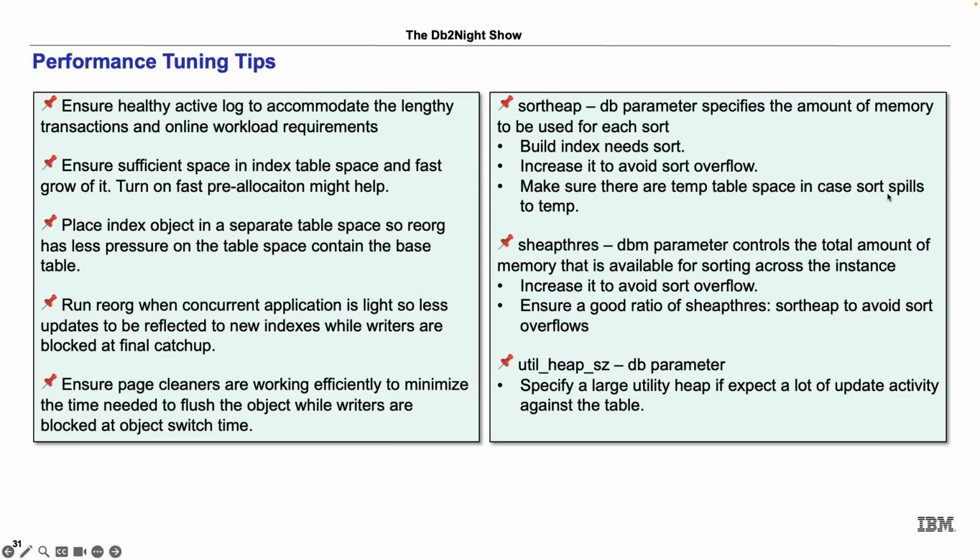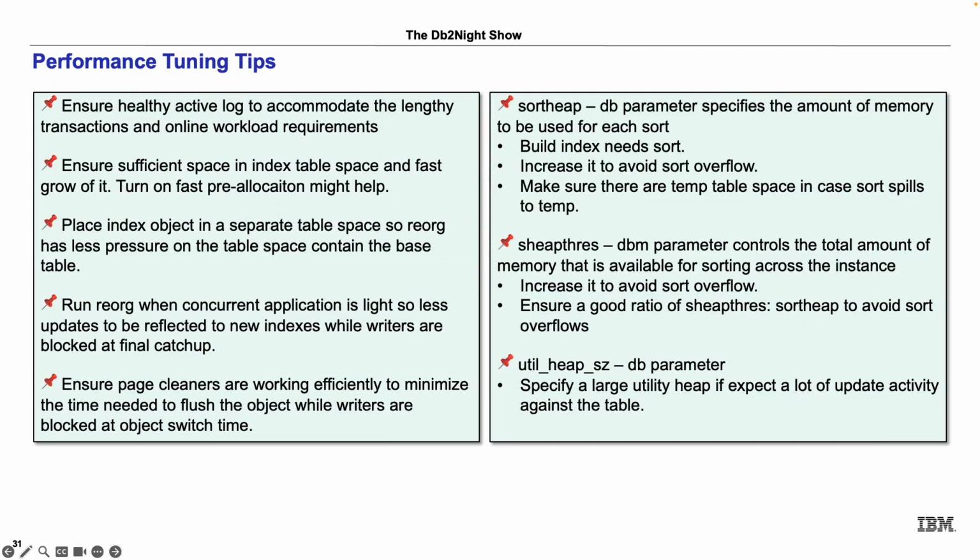Performance tuning. This is a fun chart, with a lot of aspects you can consider. First, you have to make sure the active log space is healthy enough to support the long-running reorg, okay, if your table index is big. Next, make sure your index table space has enough free space and can grow quickly.